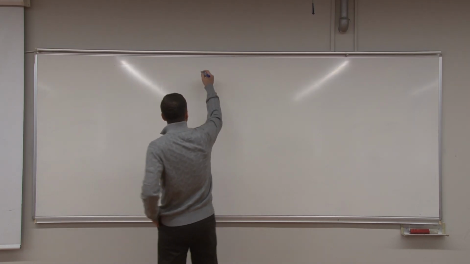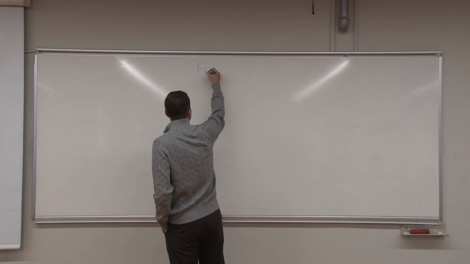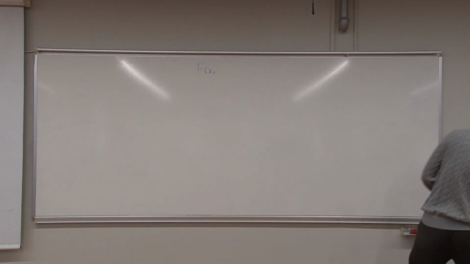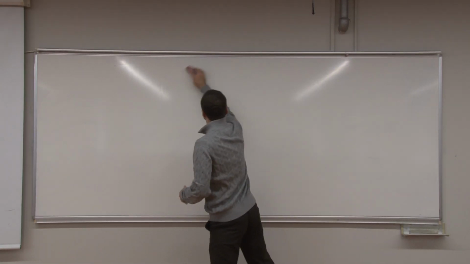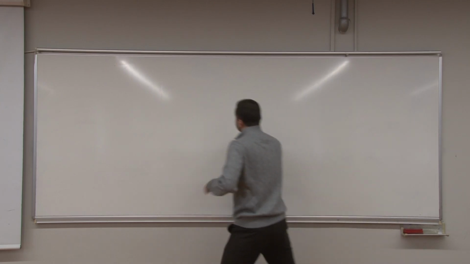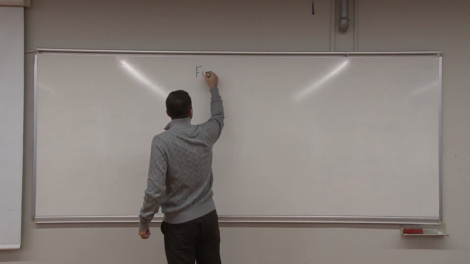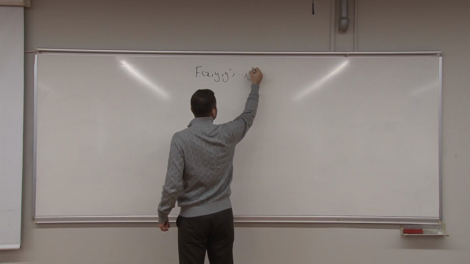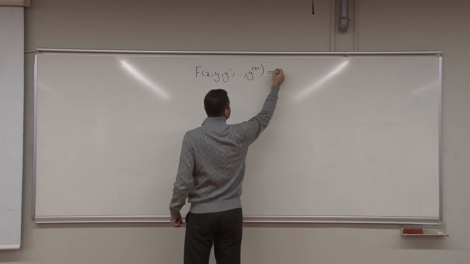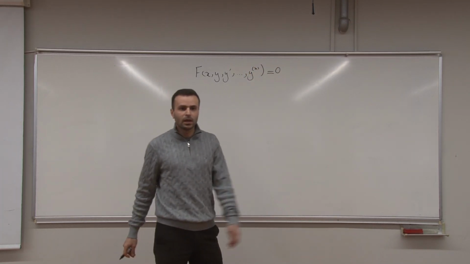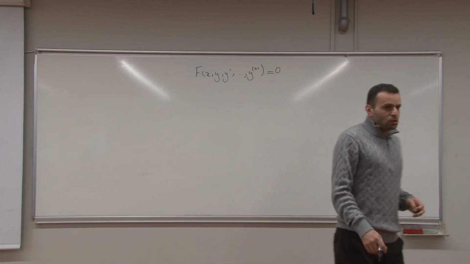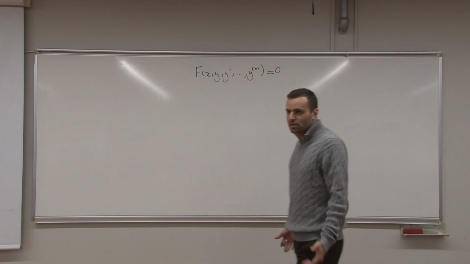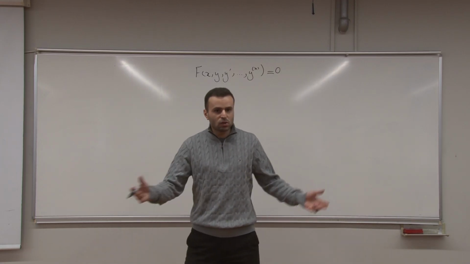Let me start from here. First of all, if you have a differential equation, what we have been doing so far is that when we are dealing with a differential equation, we were asking ourselves, what is the order of this?